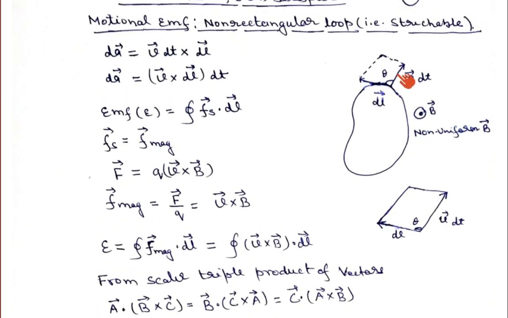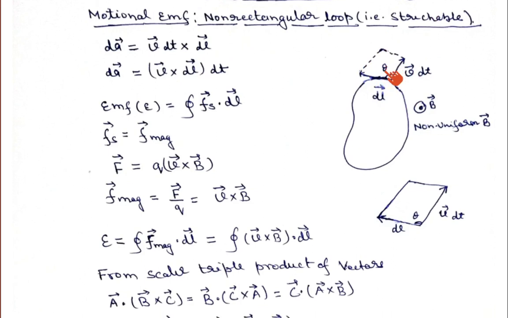If you try to find the force, q V cross B, the velocity is in that direction and the magnetic field is along this direction. So the force will be perpendicular to both V and B. That will stretch the circuit, so the loop present in the magnetic field is not a defined shape.